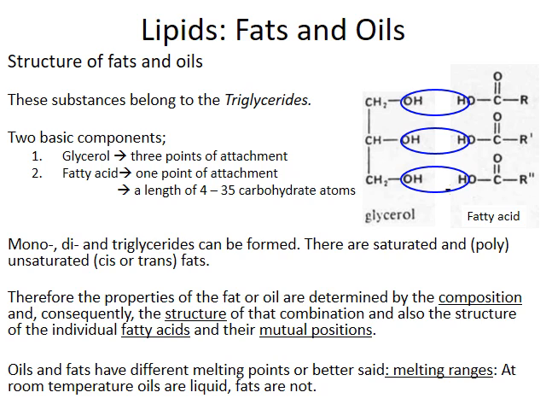The properties of the fat or oil are determined by the composition, and consequently the structure of that combination, and also the structure of the individual fatty acids and their mutual position. So a fatty acid can have a long chain or a short chain.